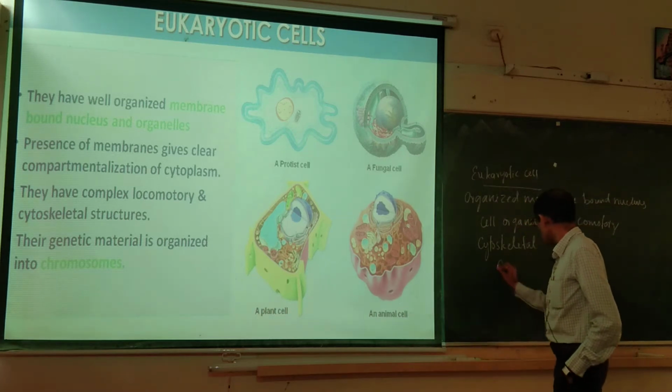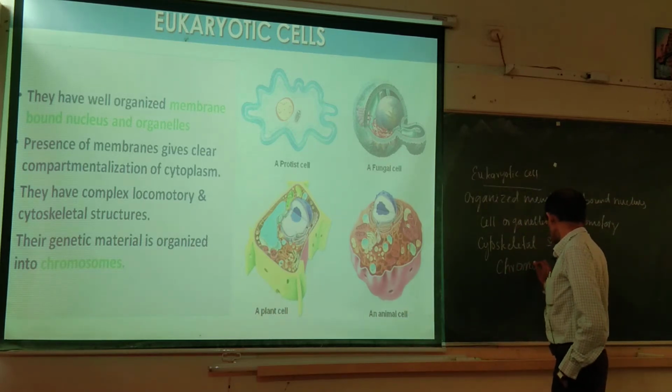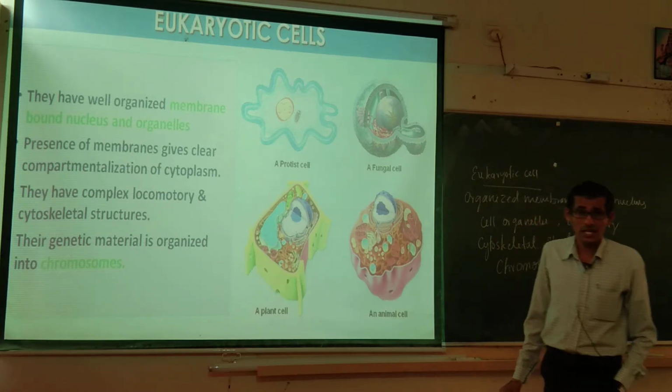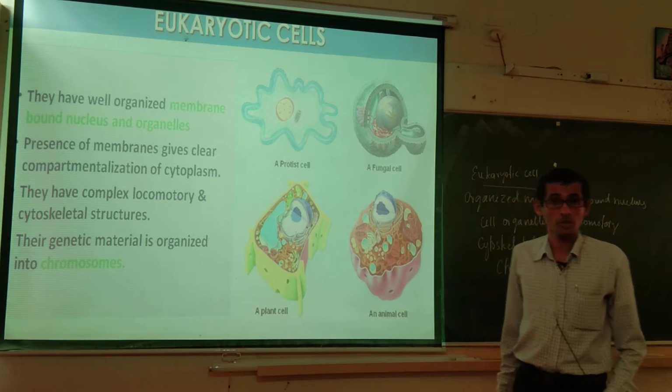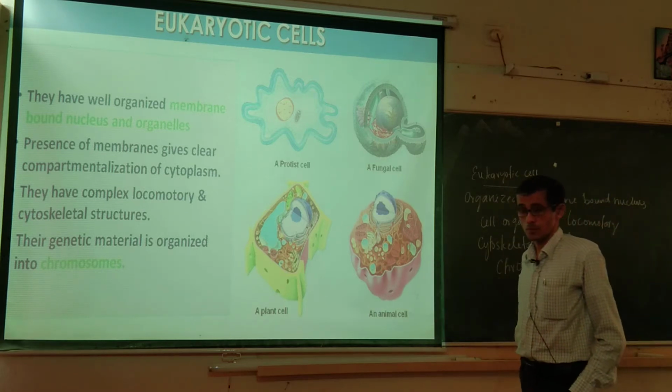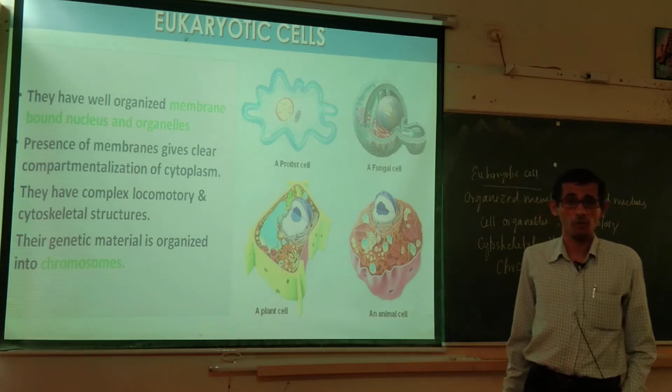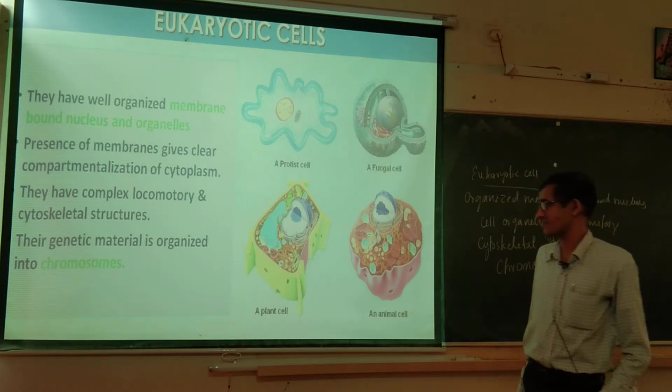See the use of the terminology chromosomes. In the earlier prokaryotic cell, we did not utilize the term chromosomes. The genetic material is well organized in the form of chromosomes inside the nucleus.